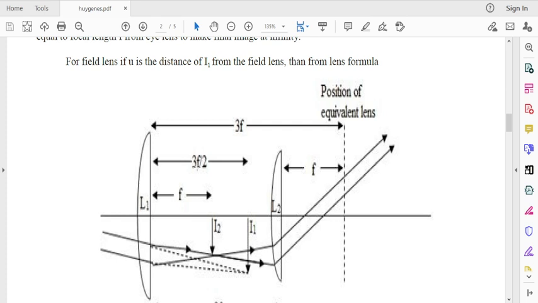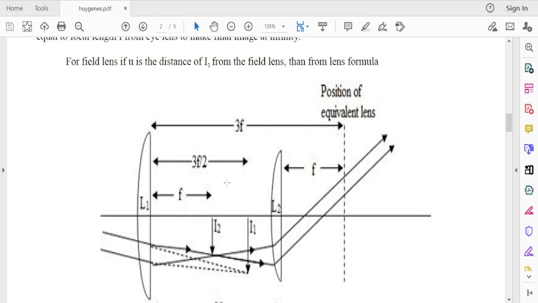That is, I1 lies midway between the two lenses, and so fixes the position of the cross wires or scale.